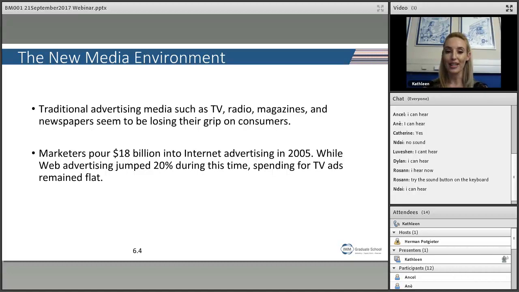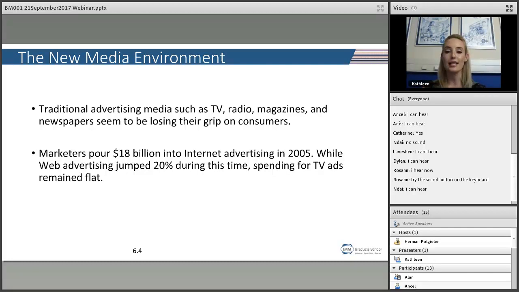Your textbook gives us a little bit of an outdated statistic. It says that marketers poured $18 billion into internet advertising, and that was in 2005. And while web advertising jumped 20% in that same time frame, the spending for TV ads remained the same.